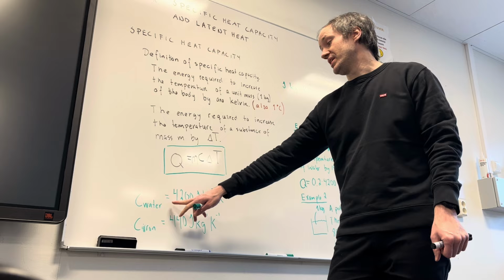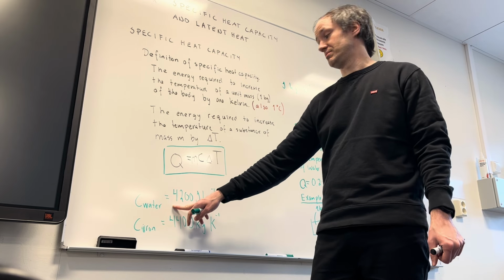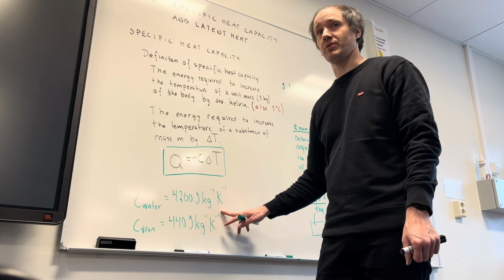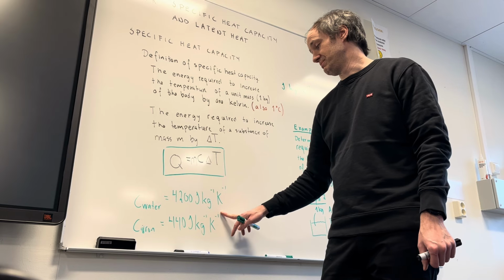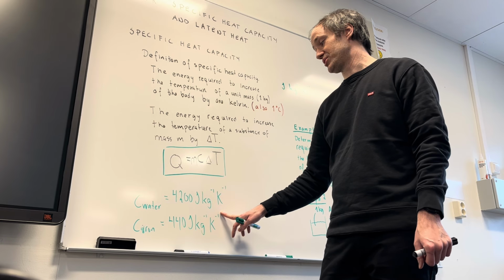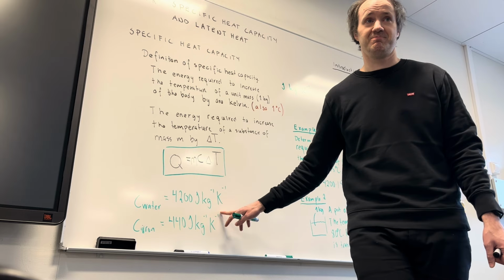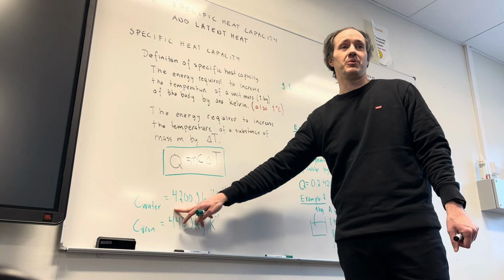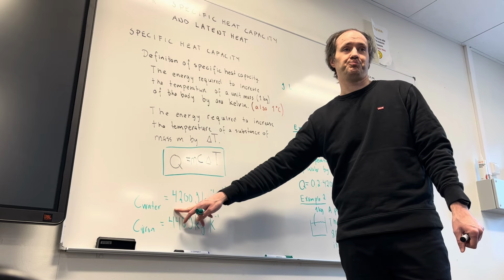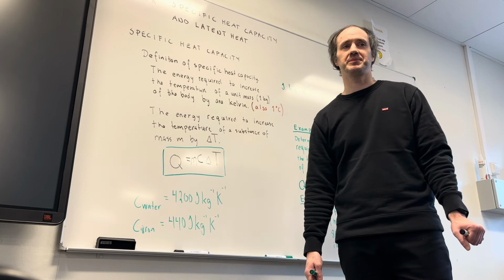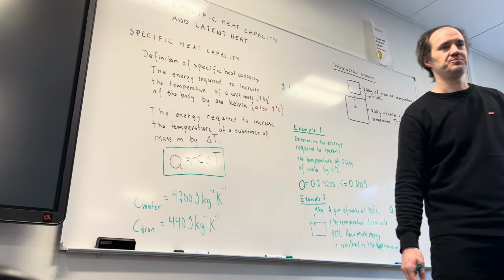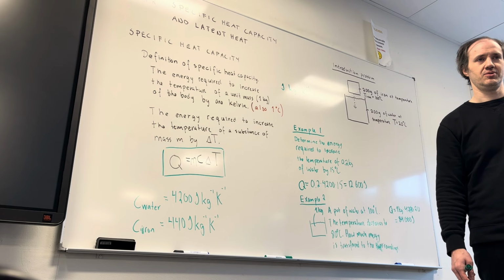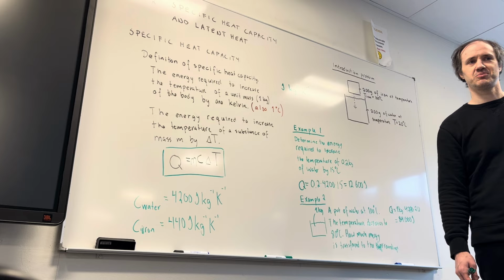So this would be 4.2 joules per gram per Kelvin. Why do you use grams and not kilograms? In SI units it's joules per kilogram, not kilojoules per kilogram, because that would be a smaller number.